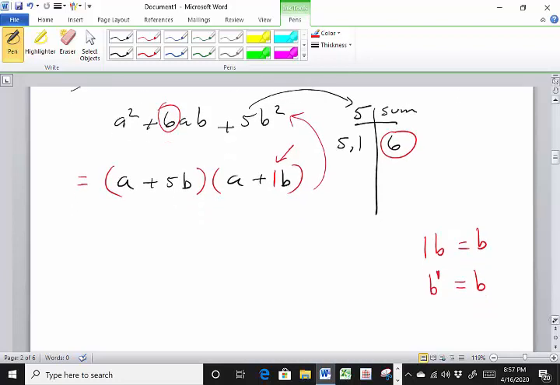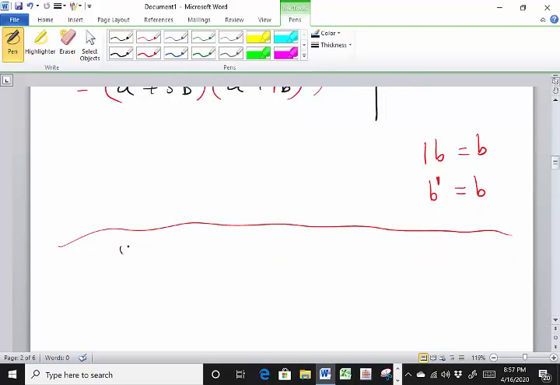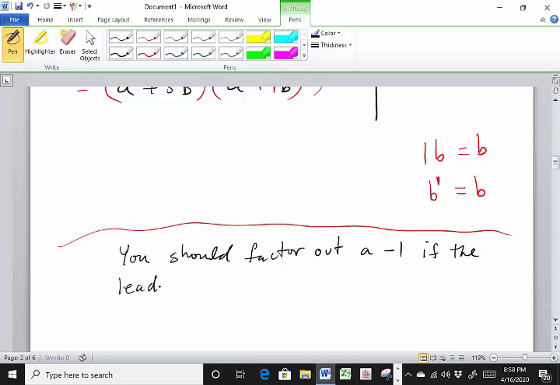Okay? All right. Now there are situations, remember we talked about the other day, where there will be times where you want to factor out a -1. And so let me write this down. This would be one of the cases. You should factor out a -1 if the leading coefficient is negative.